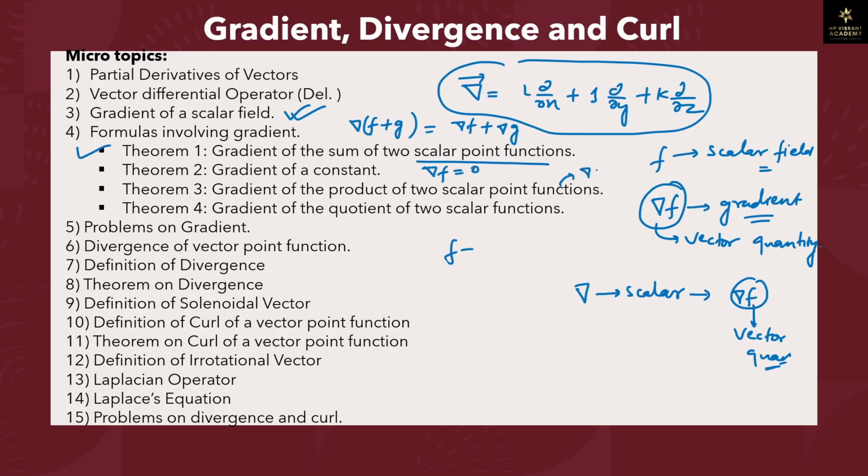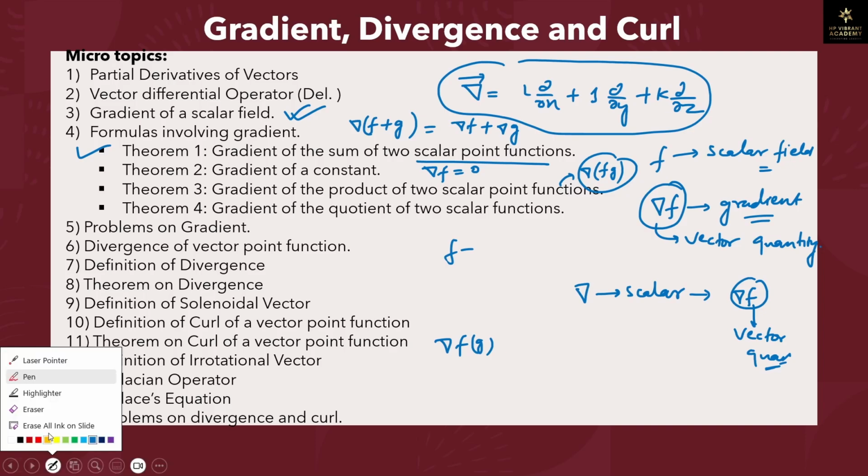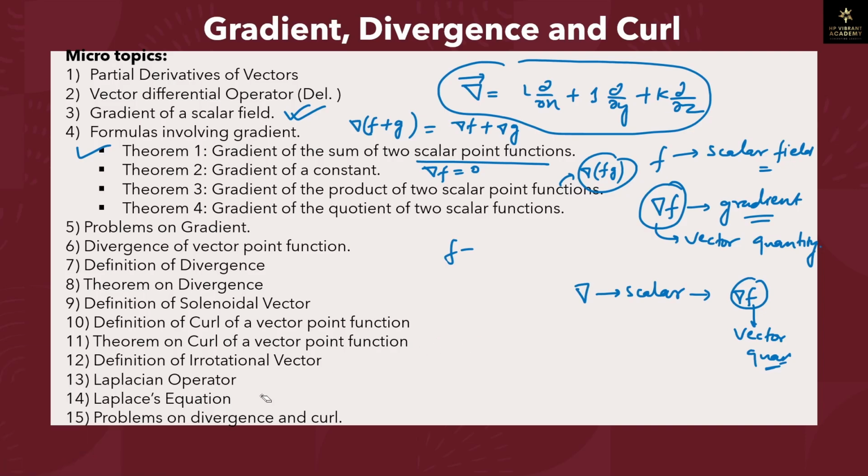Gradient of product of two scalar point functions. Suppose two scalar point functions are f and g, then the product is fg. So del of fg is equal to f del of g plus g del of f.